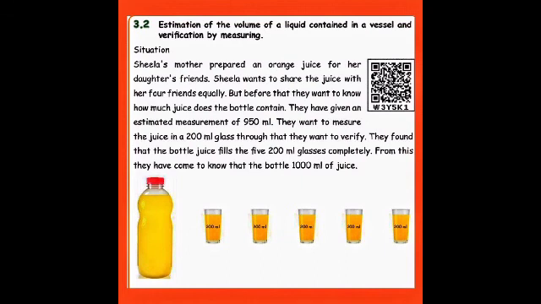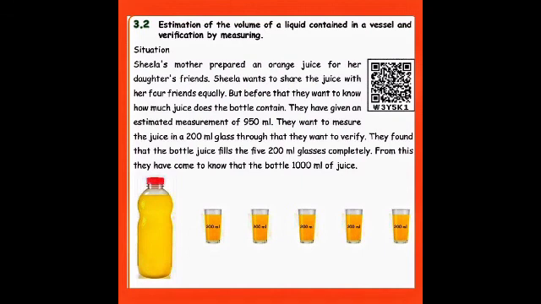But before that, they want to know how much juice the bottle contained. They gave the estimated measurement as 950 ml. They wanted to measure the juice in a 200 ml glass. Through that, they want to verify. They found that the bottle juice fills 5 glasses of 200 ml completely. From this, they have come to know that the bottle has 1000 ml of juice.